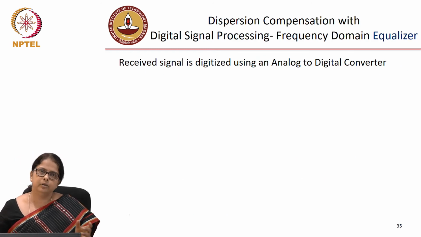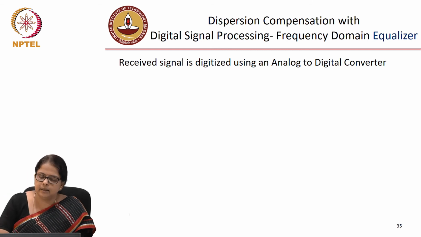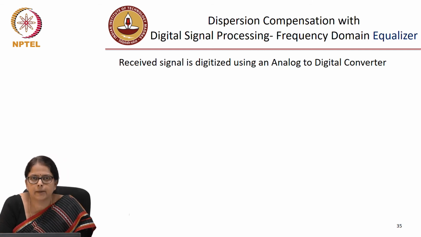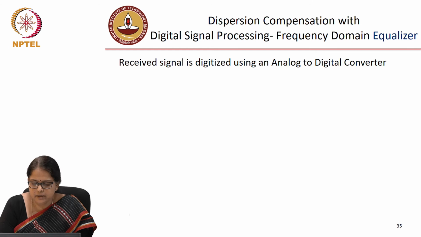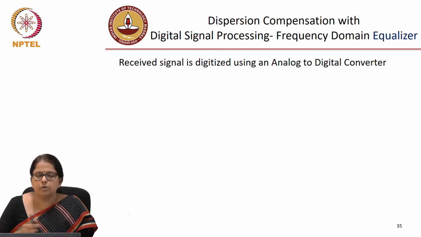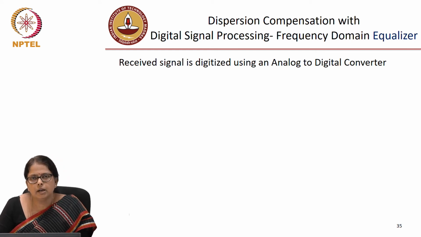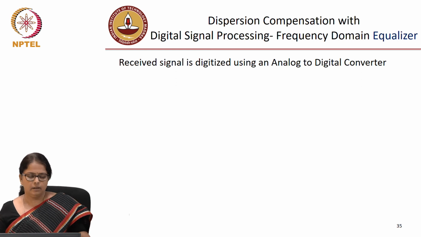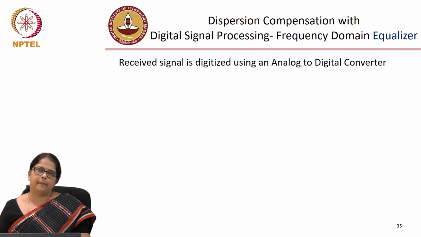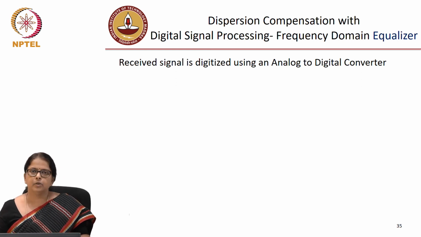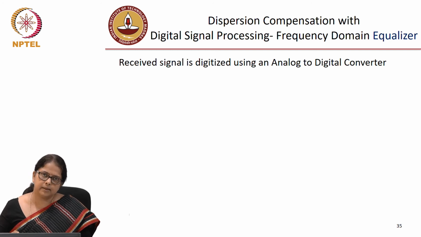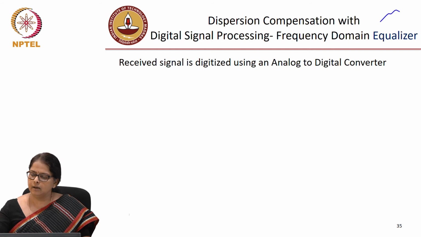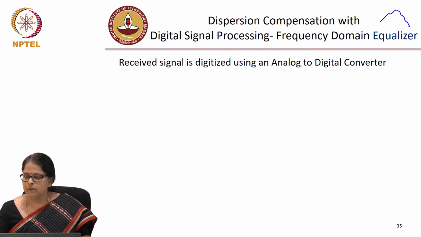So for modern networks, over the last 10 years, dispersion compensation is not done using DCF, it is done using digital signal processing. We typically use an analog to digital converter to convert the signal from the analog domain to the digital domain. Essentially, at the output of the receiver, after the photodetector, you get your analog signal and you digitize it.